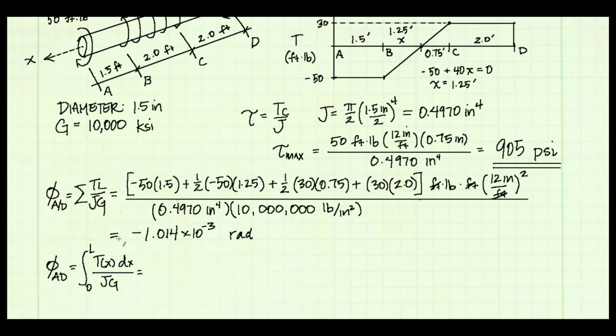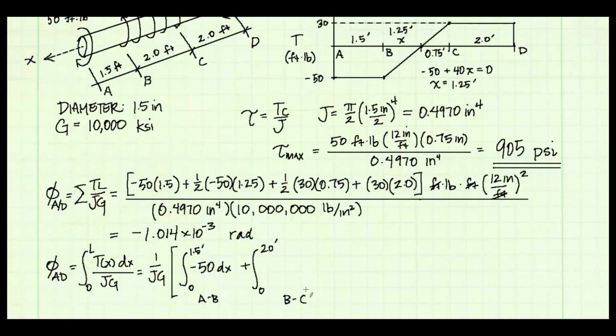And we'll need to split the shaft into 3 segments, from A to B, B to C, and C to D. In each of these segments, we can define the internal torque with a single equation. From A to B, we have a constant internal torque, negative 50. So our function, T of x, is just a constant, negative 50. And I'll integrate that over 1.5 feet.